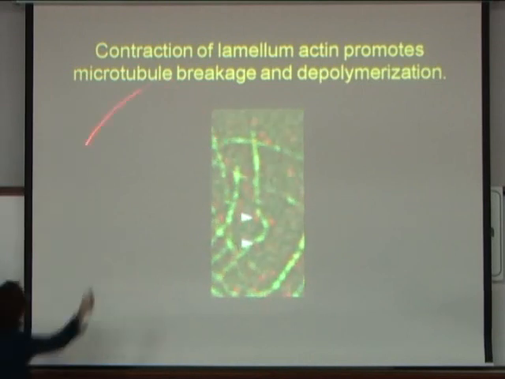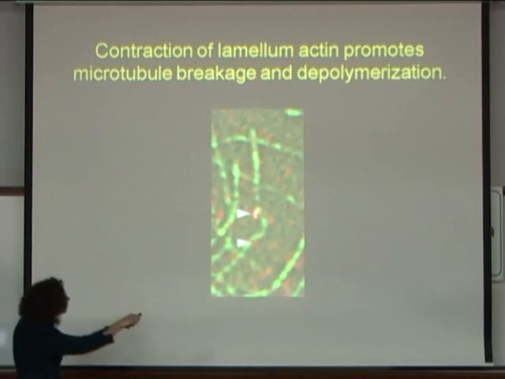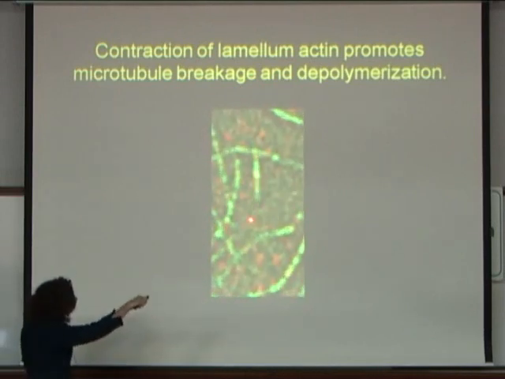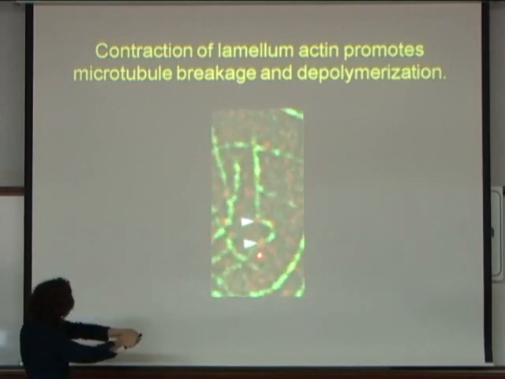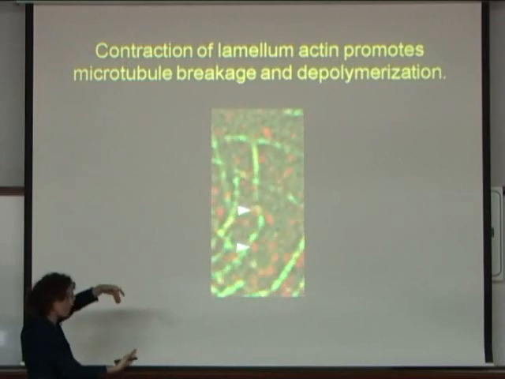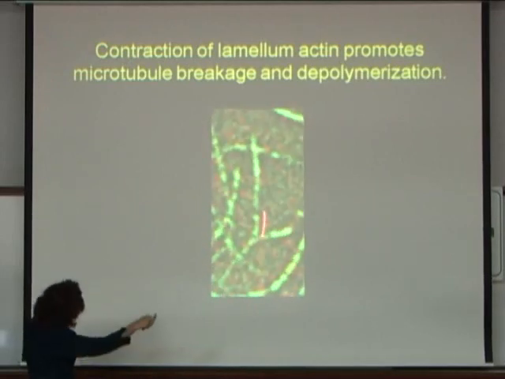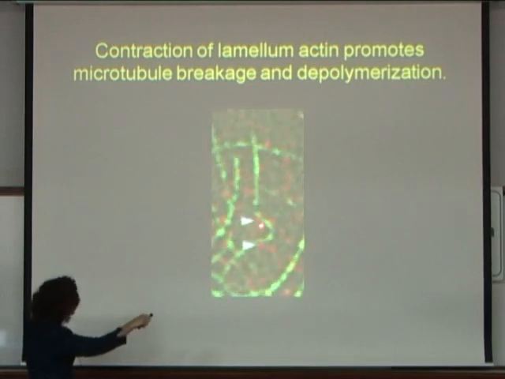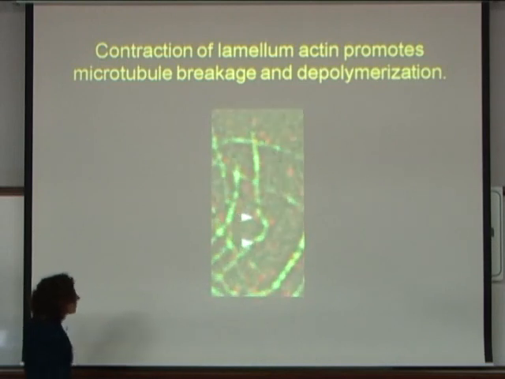So here, this is the leading edge of the cell. This is undergoing retrograde flow. If we track this motion of the actin backwards, if we track these two speckles in this network, we see that the actin speckles are getting closer together over time, indicating that that actin network is contracting. And we see this region of the microtubule that's spanning that contracting network become uncoupled from the actin cytoskeleton, bend, and then buckle.